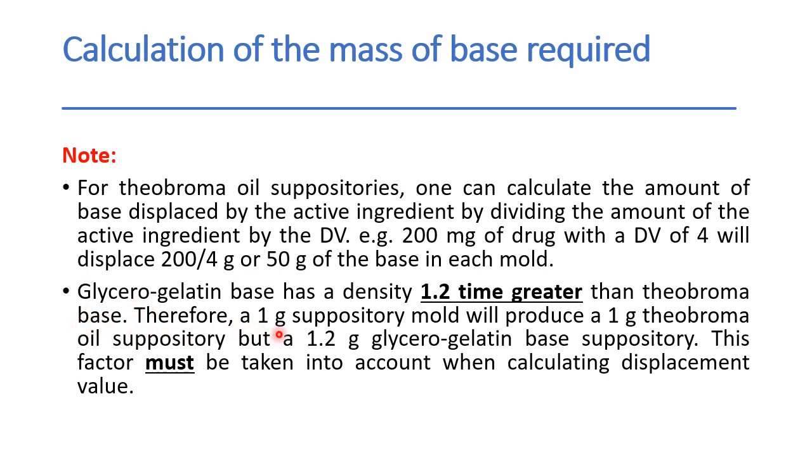So if we have 1 gram suppository mold, this mold will produce 1 gram of theobroma oil suppository. But if we used glycerogelatin base, then this mold will produce 1.2 gram of the gelatin base suppository. This factor, which is 1.2, must be taken into account when calculating the displacement value of the medicine.